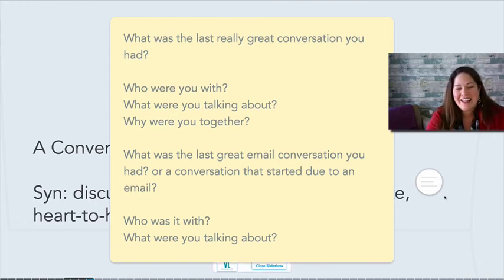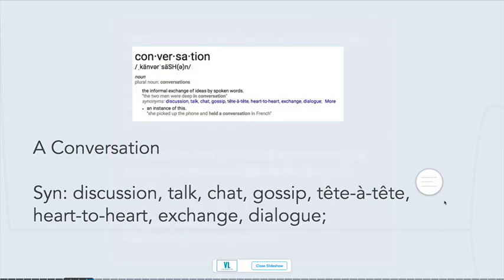But take a moment, really think about your email conversations. Do you want more of them? Would you love to send an email out to the people that you care about and have people reply and start a discussion and start a dialogue about whatever it is that you were telling them about?